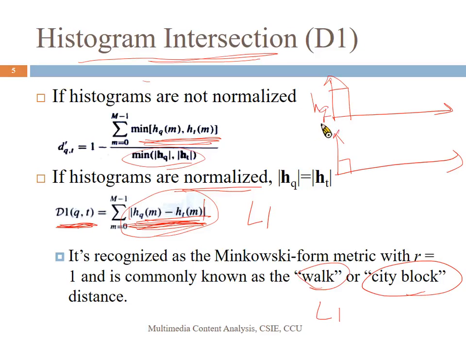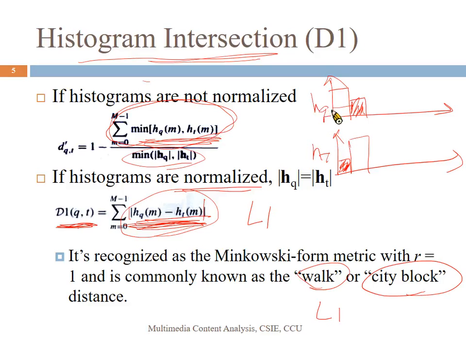So this is HQ, this is HT, and this is maybe the second bin. If we take the minimum between them, then we will take this value, and we will take this value, and if we sum all of them, the summation of the minimum between these two histograms is equal to the similarity between these two histograms.